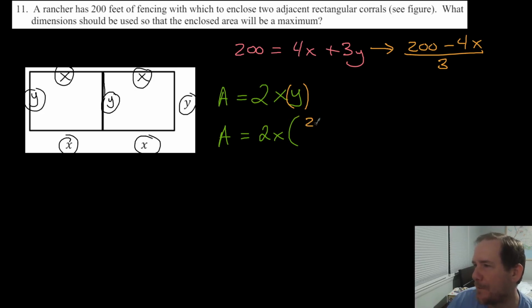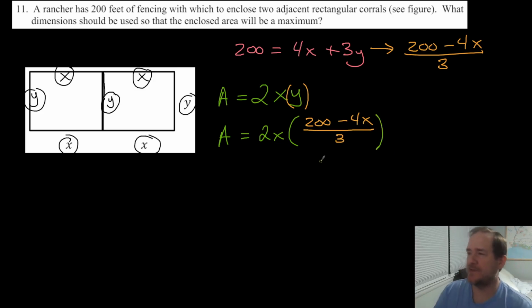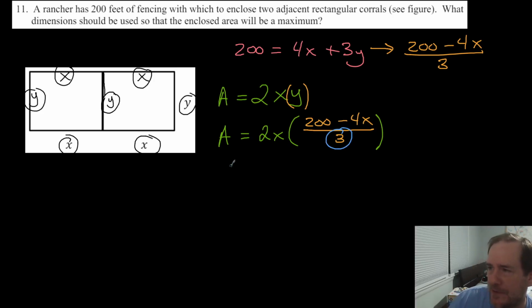And then there's not a ton I can do with this. I'll go ahead and distribute, I guess. And in the interest of cleaning this up, I suppose I'd just pull the 3 out and just make a coefficient of 2/3.